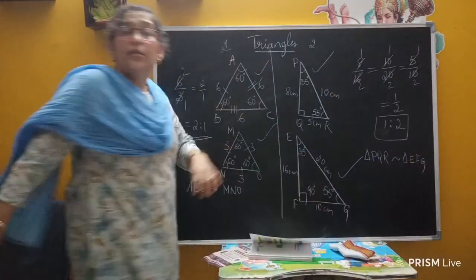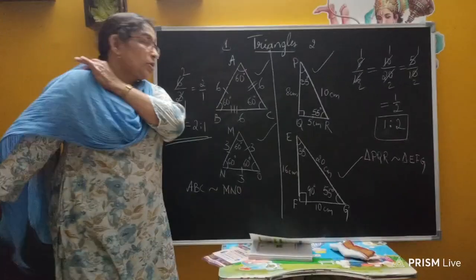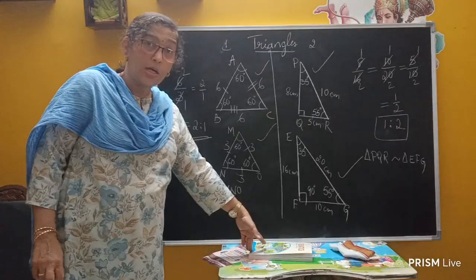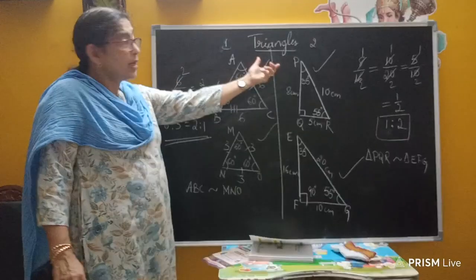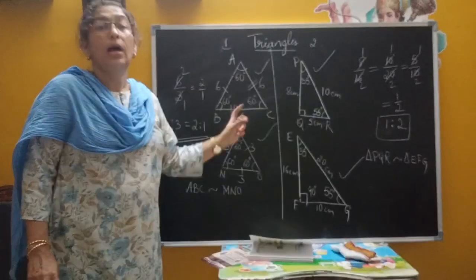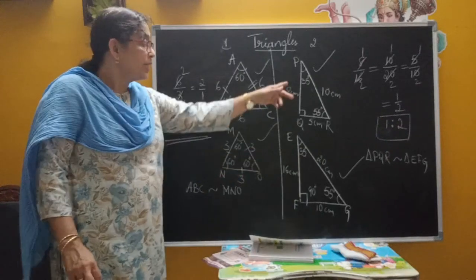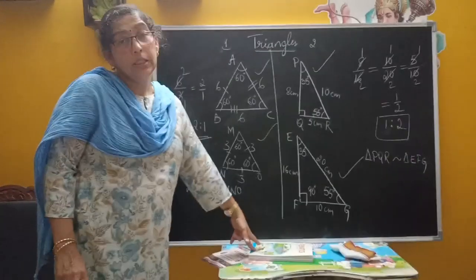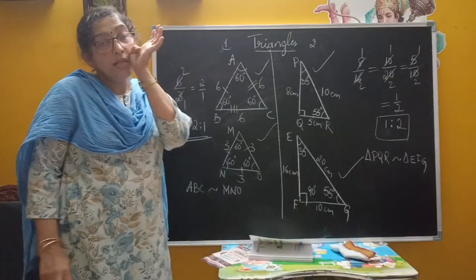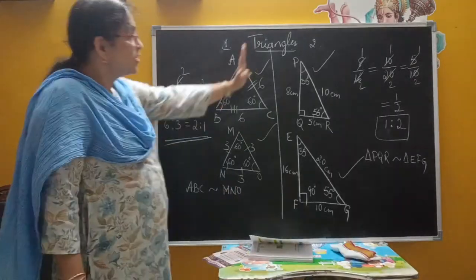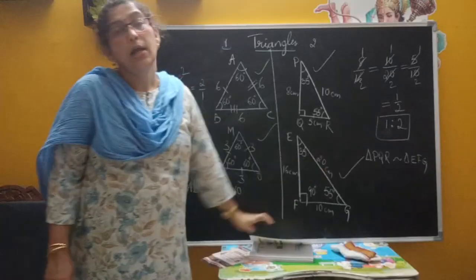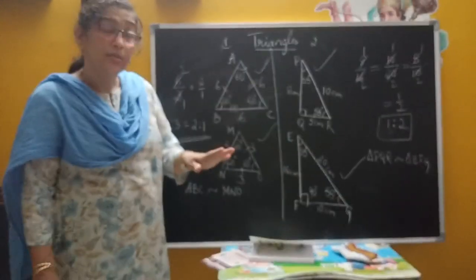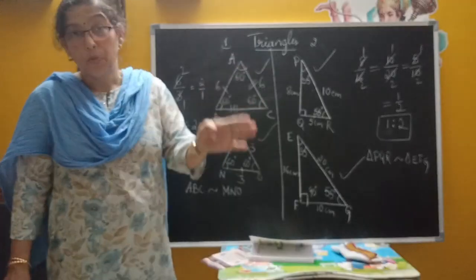So how do you define similar triangles? Two triangles are said to be similar if their corresponding angles are equal, and the ratios of the corresponding sides are also equal, or we can say the sides are in proportion.